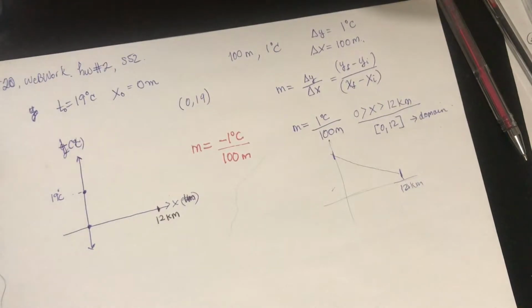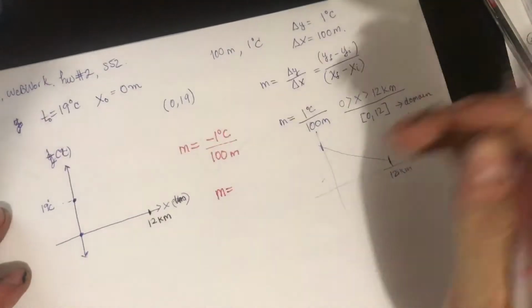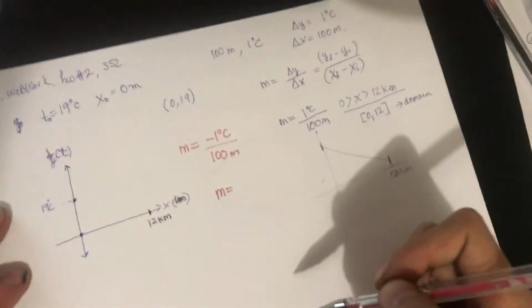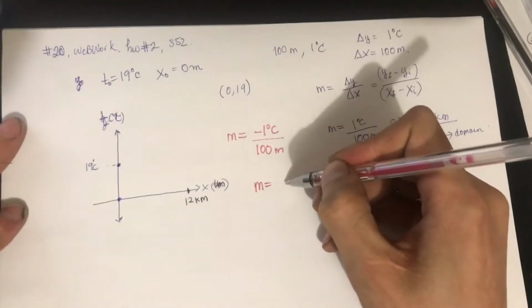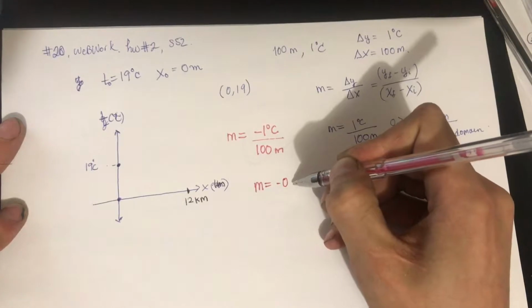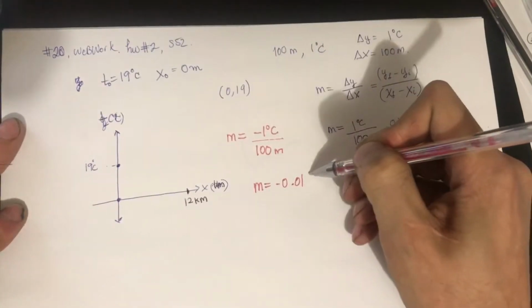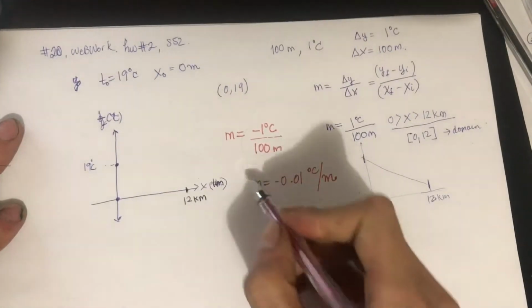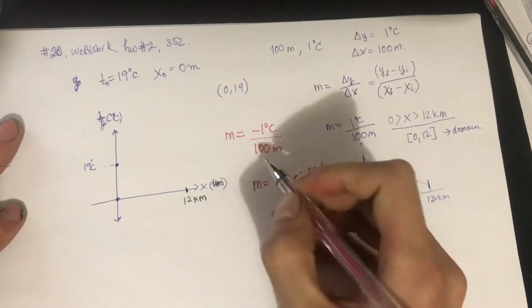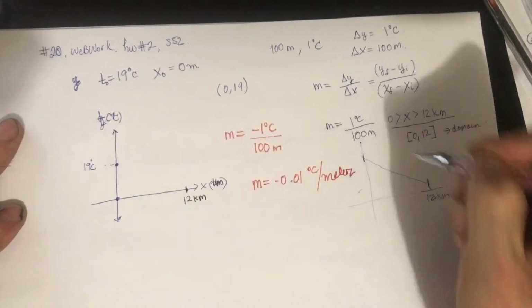from 0 to 12. Okay, so I have determined that my slope, or the rate of change at which the function behaves or will be defined, is -0.01 degrees Celsius per meter. This is the slope. Don't get confused with meters.